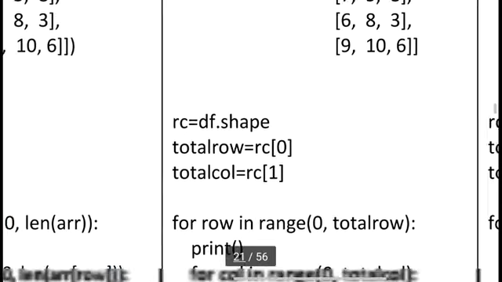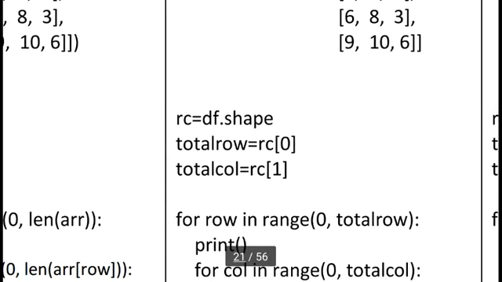So I want to access total rows: rc[0]. You can see rc at position 0, the value is 4. So total rows is 4. And rc[1] is our second element, and in the second element you can see the column value. So total columns is 3.